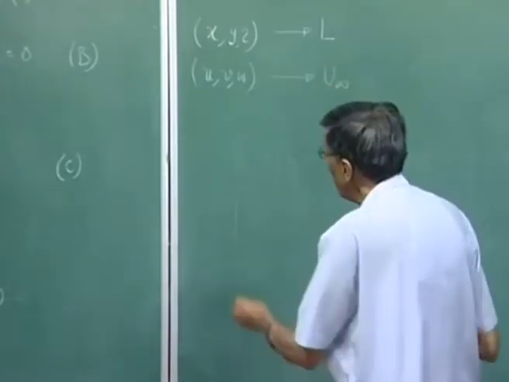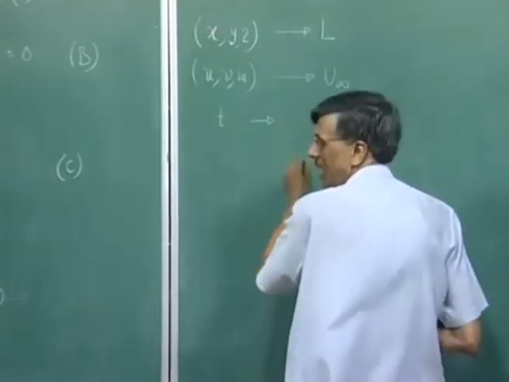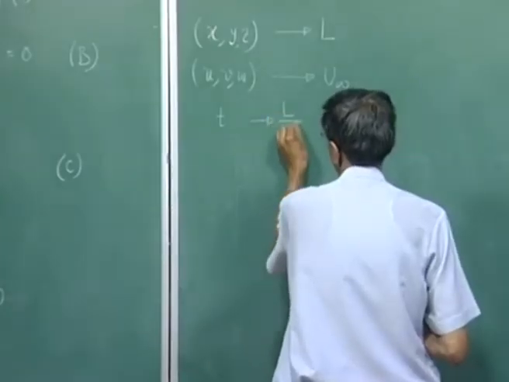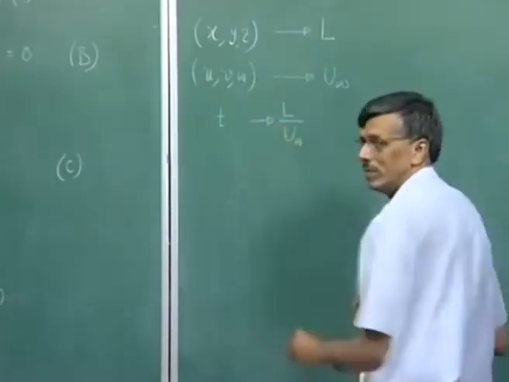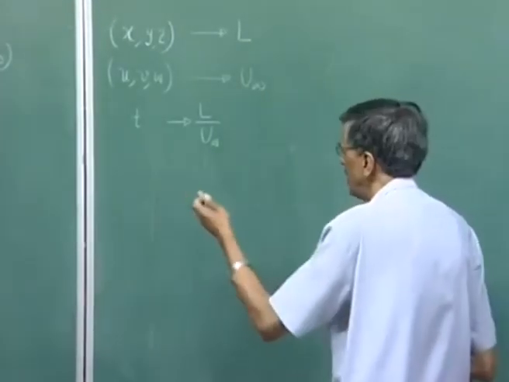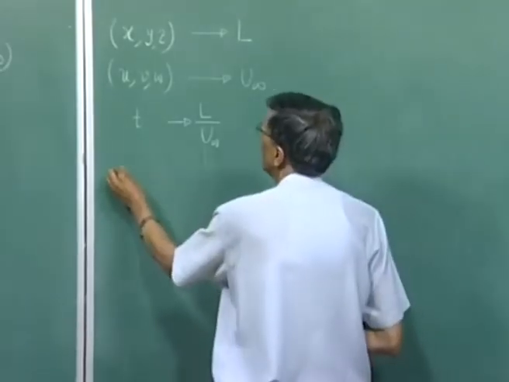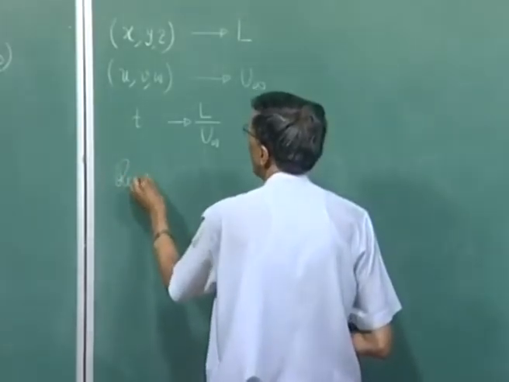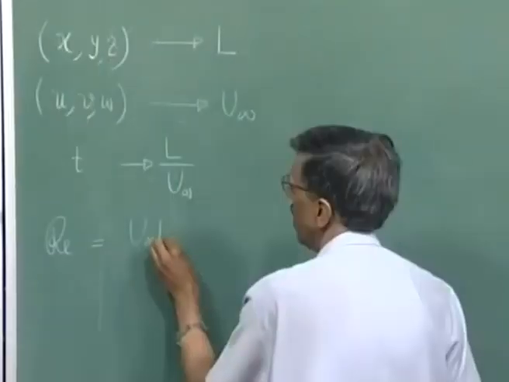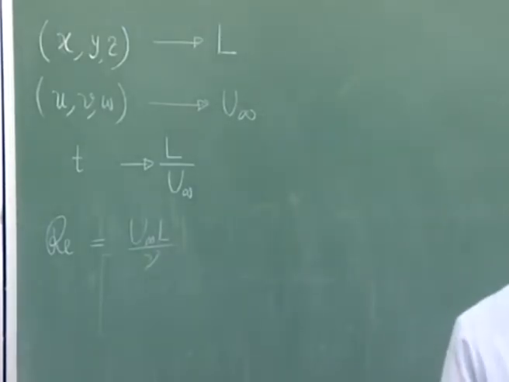What about time then? Time will be referred to a time scale. The time scale will be brought out by L by u infinity, right. Use that to non-dimensionalize the equation, and then of course, the Re that we have written there, we will get it as u infinity L by nu, the kinematic viscosity, right.